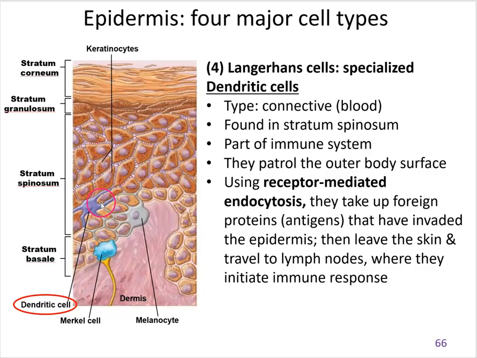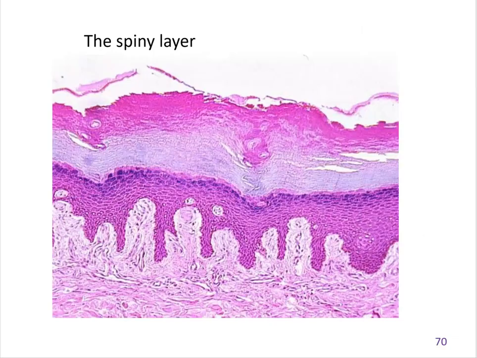And their job is to collect anything they can, and then they will go to a lymph node. They will travel through the body to the nearest lymph node, and they will show whatever they have found to adaptive immune cells. And the adaptive immune cells use that as their way of seeing what is going on in the body. So this goes through the layers of skin.